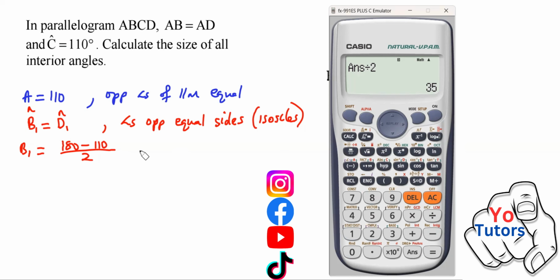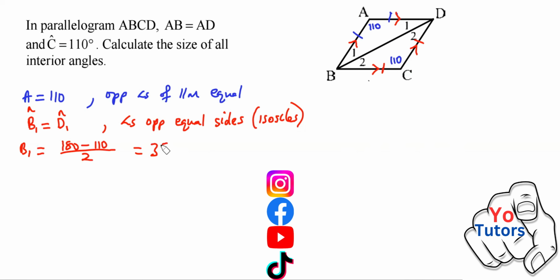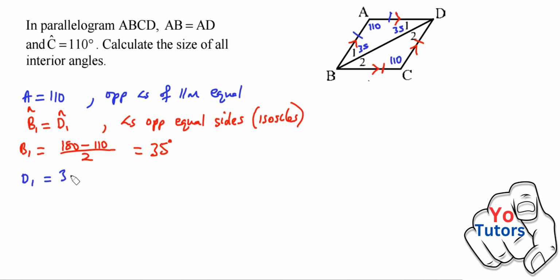We get 35. So here is 35. So B1 is equal to 35, and also D1 is equal to 35.